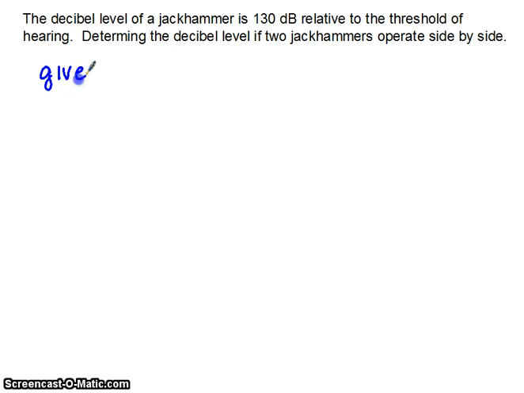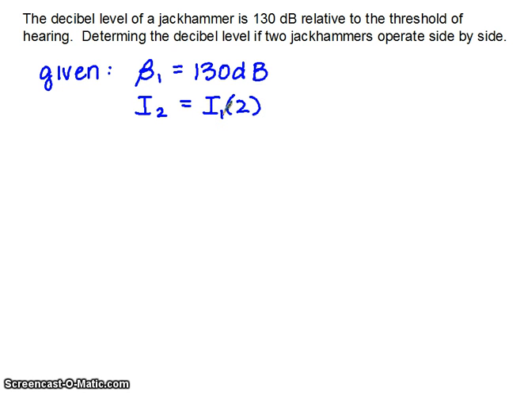So when we write our givens, we know that one jackhammer has an intensity level of 130 decibels. And I want to know what the decibel level or the intensity level is for two jackhammers. So keeping in mind that the intensity of two jackhammers, which I'm going to call I2, is going to be 2 times the intensity of one jackhammer.